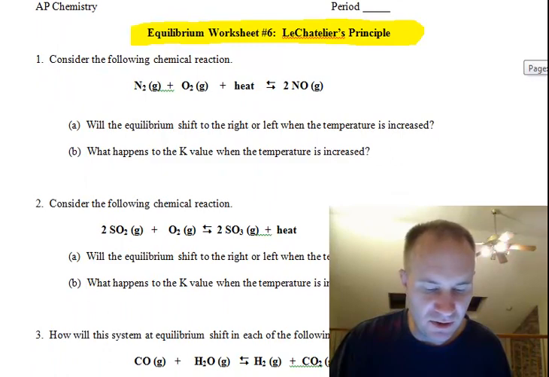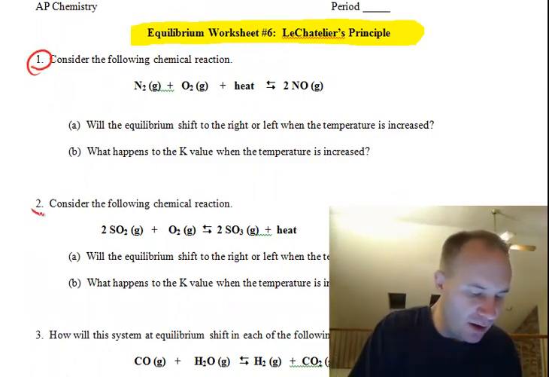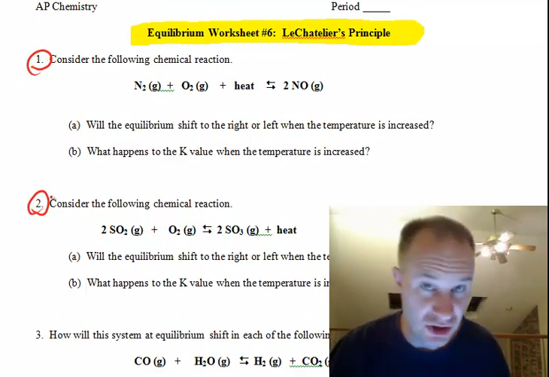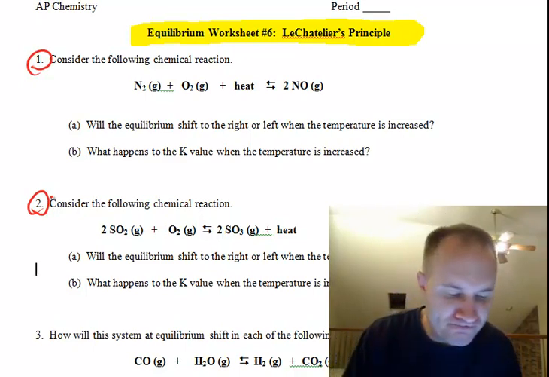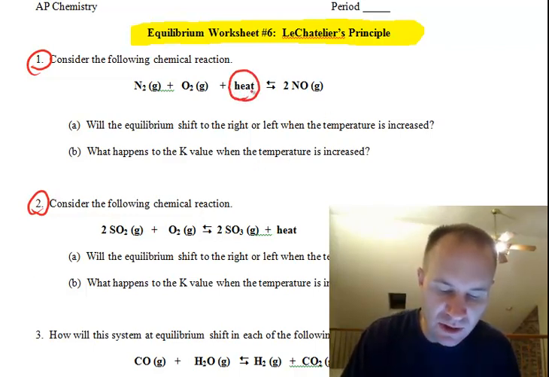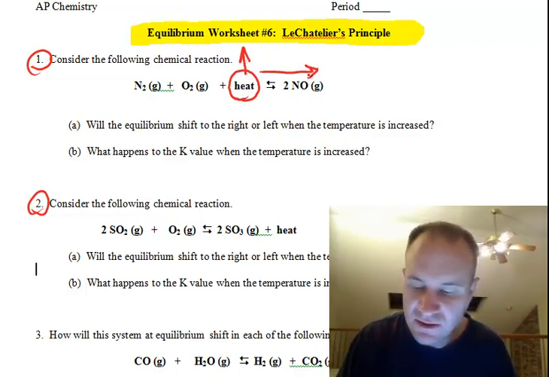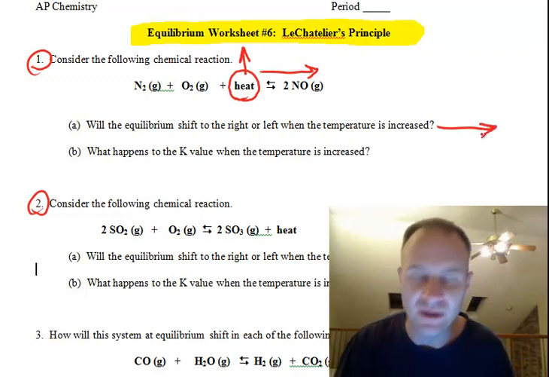The first thing that we want to do is when we look at problem number 1, I think the hardest problems on here are problems 1 and 2. Will the equilibrium shift to the right or the left when the temperature is increased? Well, we know if we increase the temperature, we increase the heat, and that would certainly cause the equilibrium to shift to the right.